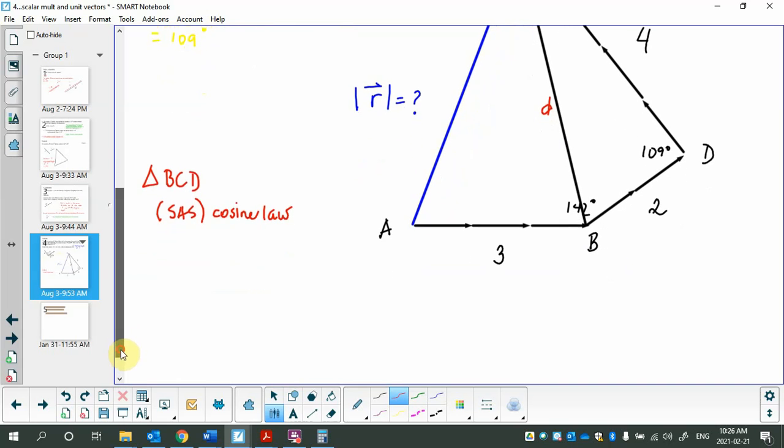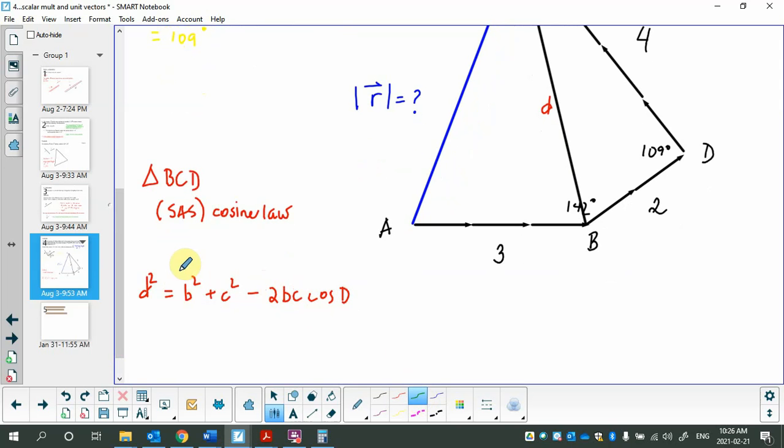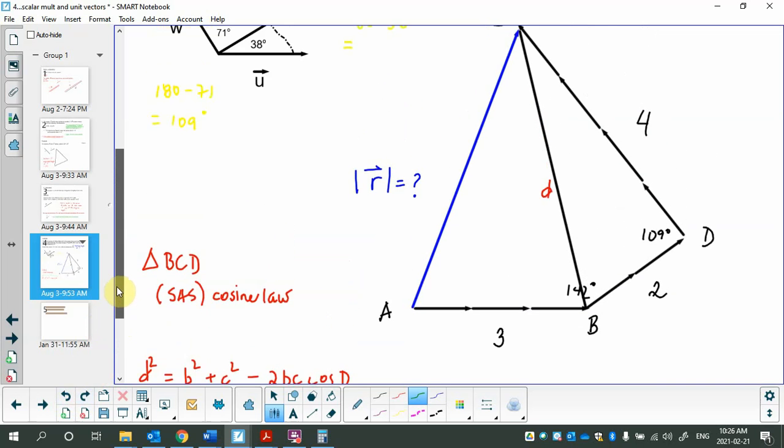So the cosine law will be d squared equals b squared plus c squared minus 2bc cos D. And hopefully you remember from grade 10 and grade 11 that these two have to match, as in whatever letter is sitting here has to be its corresponding angle letter. So I'm going to get rid of the green and start plugging in values.